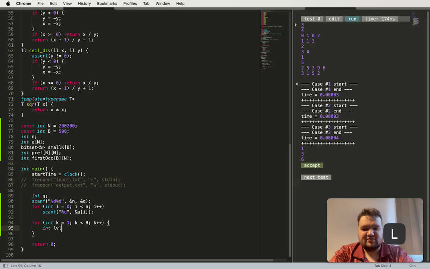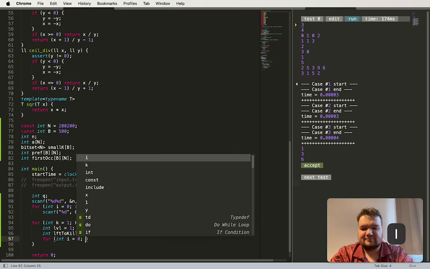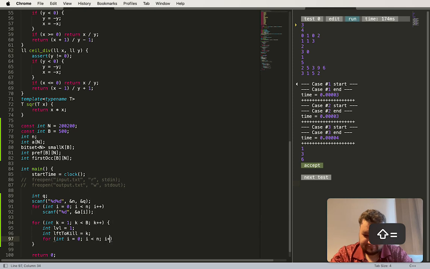So we'll say our current level is 1, we'll run left to right, and we need to store the number of monsters we need to kill until next level up, for example. So it is k. We run left to right.